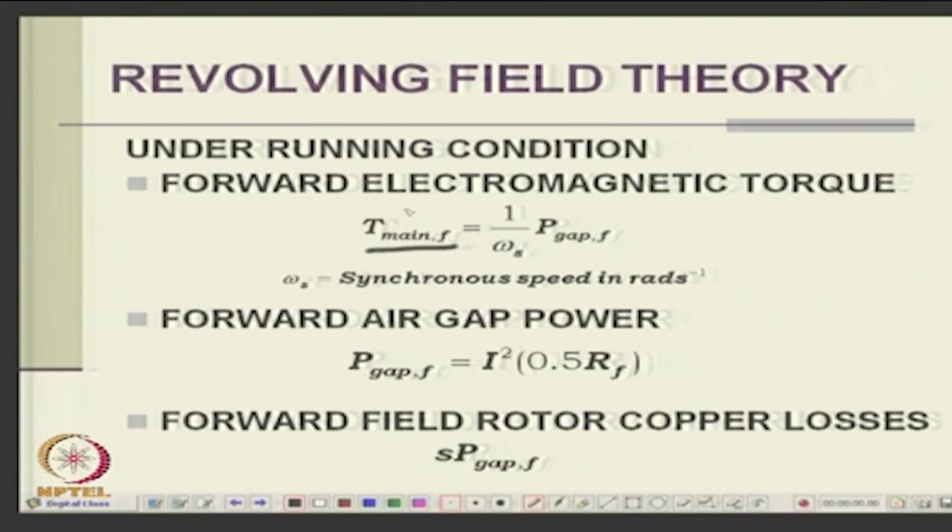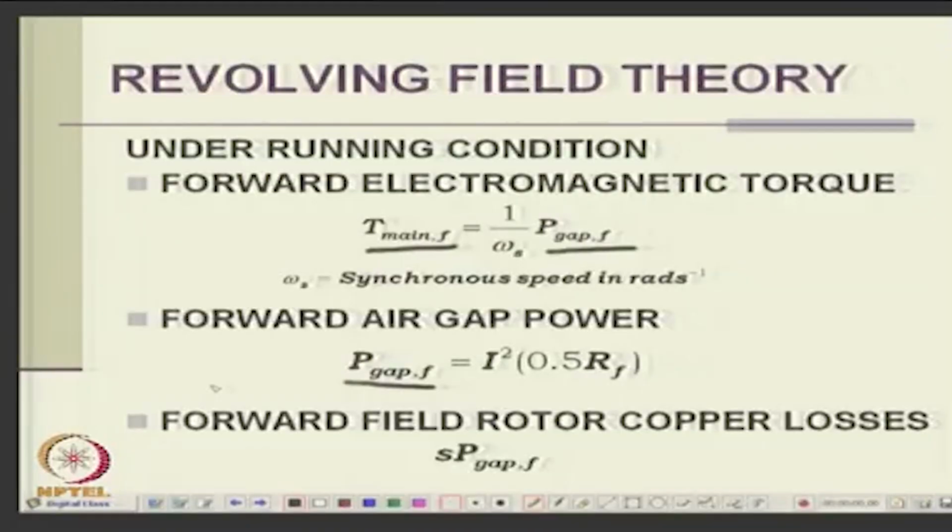So, as far as you are concerned, there is a field in the air gap which is rotating forward, and it is inducing a current in the rotor, and due to the reaction of this field with the rotor currents, it will produce torque. Now, we know that in an induction motor, whatever the power at the air gap divided by synchronous speed is the torque. See, power going into the rotor divided by synchronous speed, this you know, due to the forward field.